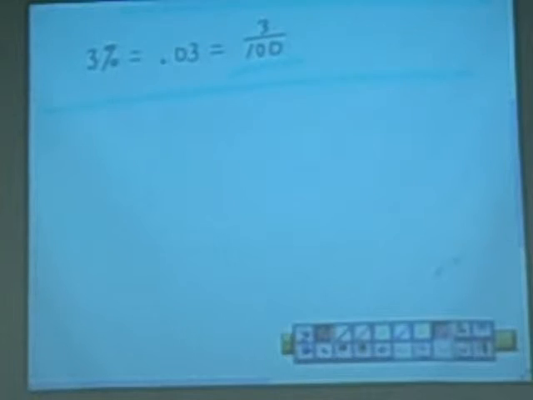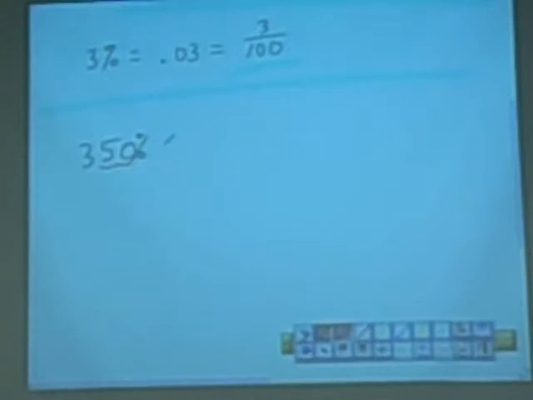Alright, anything else? If you had something like 350%, again, we're going to move that decimal point from the end 2 places.